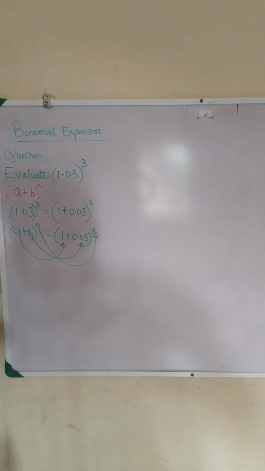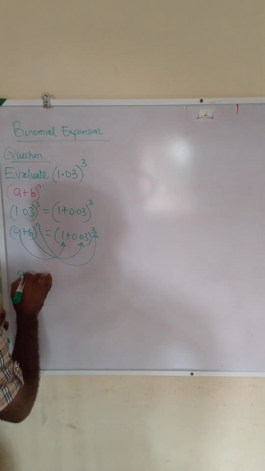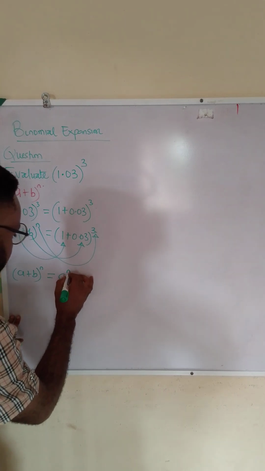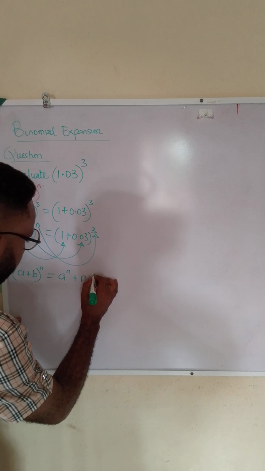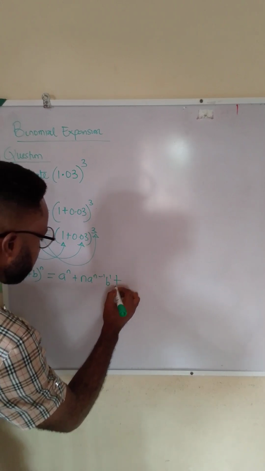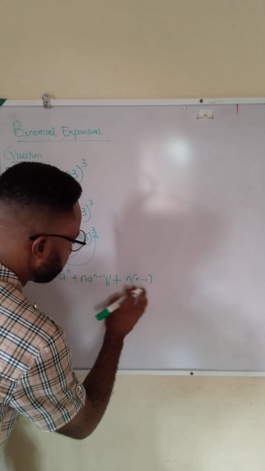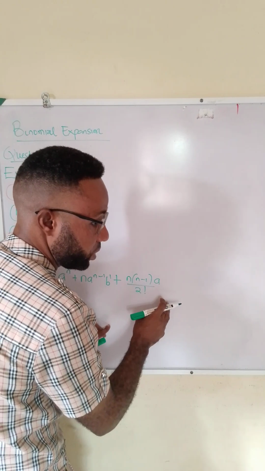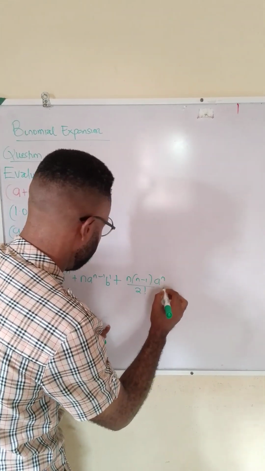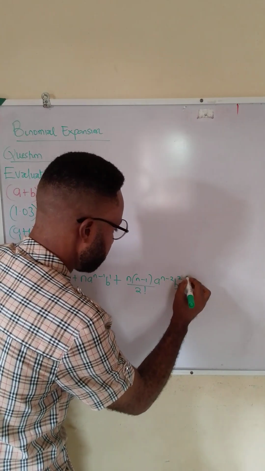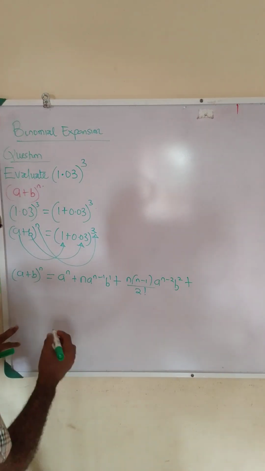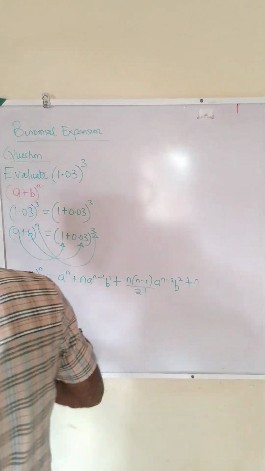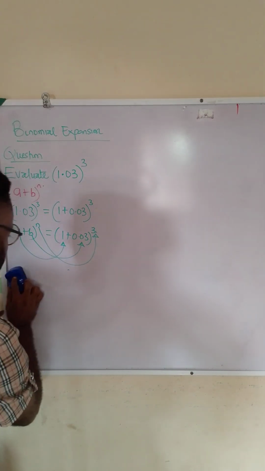So let me express this, because that's the formula we are going to be using in solving it. (a plus b) all raised to the power of n in binomial theorem can be expressed as a raised by n plus n a raised by n minus 1 b raised by 1 plus n into n minus 1 all over 2 factorial a raised by n minus 2 b raised by 2 plus... let me write it again so that I can capture it up to 3.